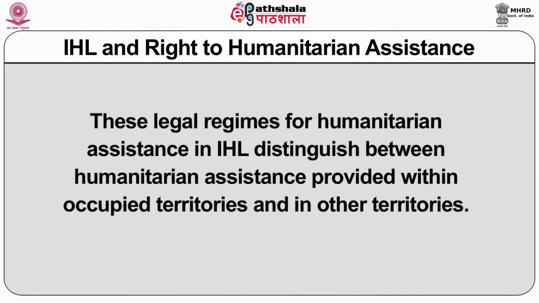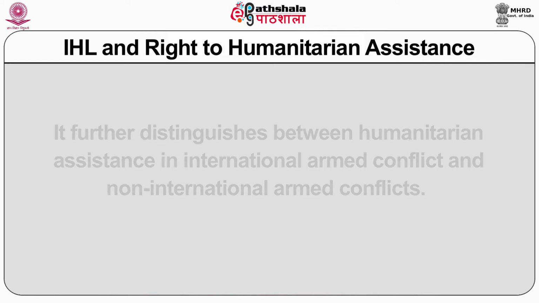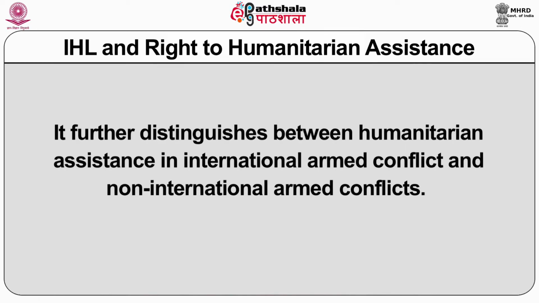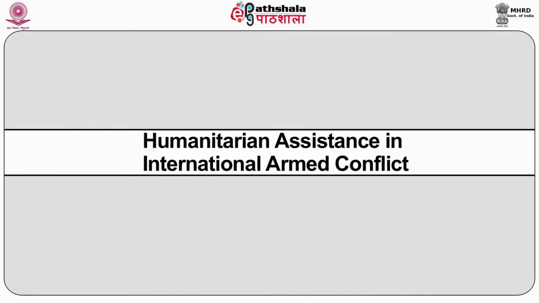These legal regimes for humanitarian assistance in IHL distinguish between humanitarian assistance provided within occupied territories and in other territories. It further distinguishes between humanitarian assistance in international armed conflict and in non-international armed conflicts. Humanitarian assistance in international armed conflict.